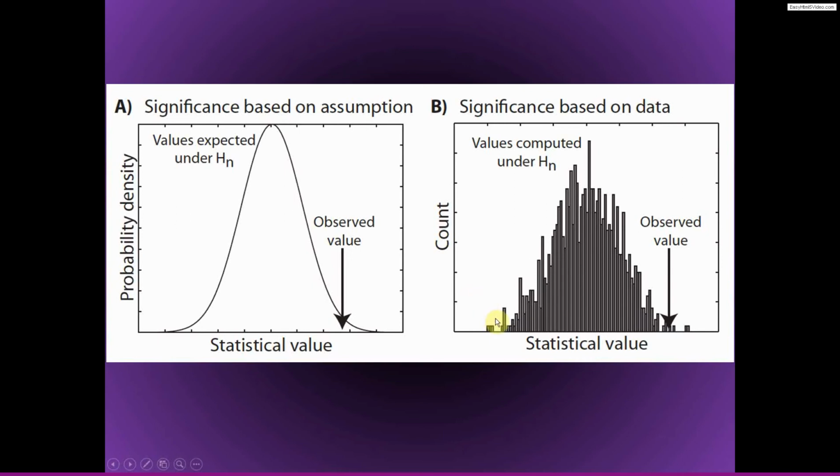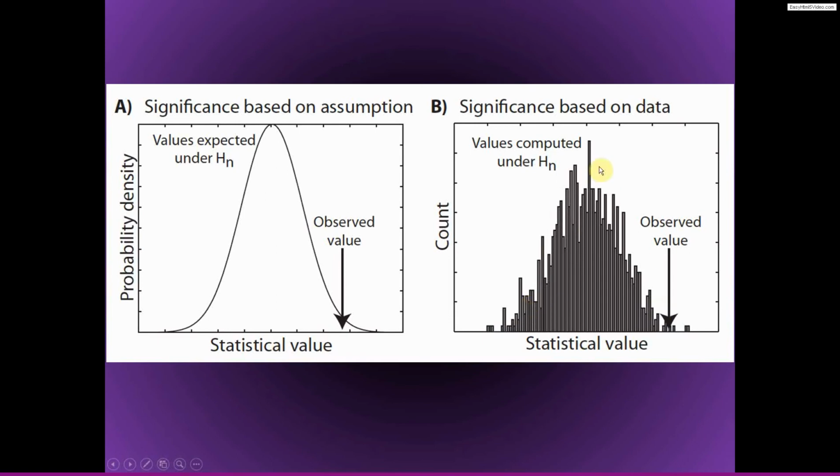With non-parametric statistics, you don't make any assumptions about what the shape looks like. The idea is that you create an empirical distribution of null hypothesis values based on the actual data that you've collected.